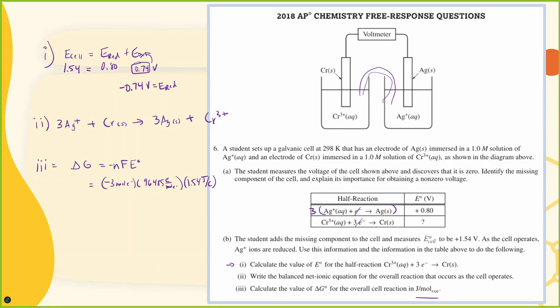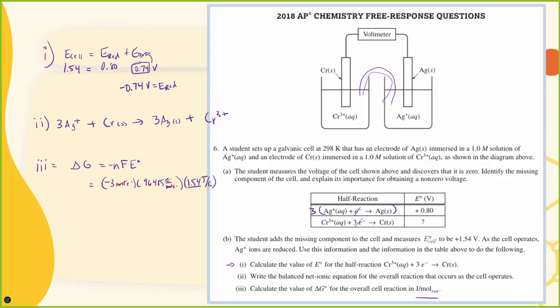So you can see how things are going to cancel. Moles cancel with moles, and then the coulombs cancel with coulombs, and we're going to be left with joules. So this is a super big number.